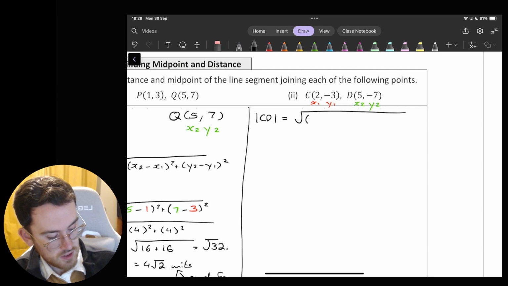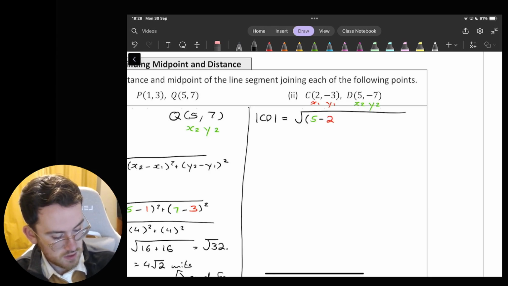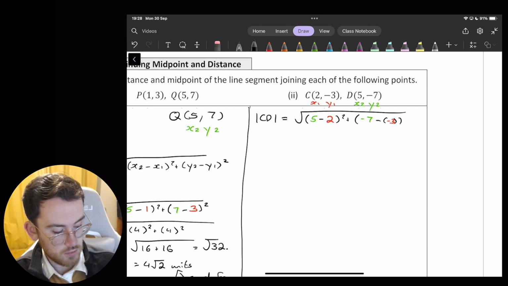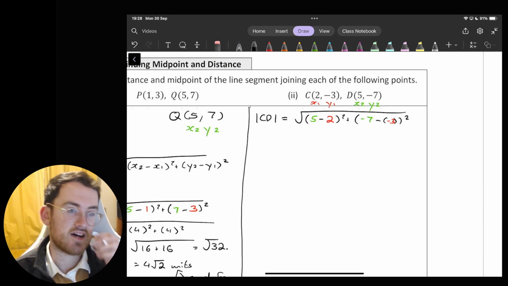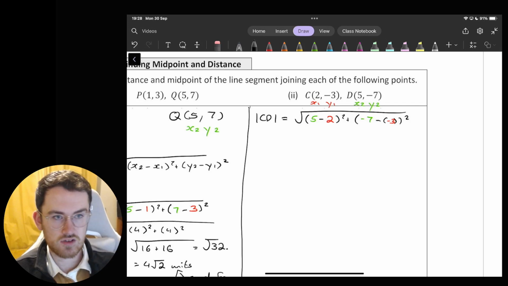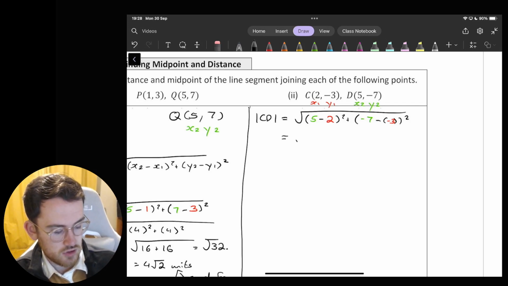So that's going to be the square root of 5 minus 2 squared, plus minus 7 minus 3. You can see here I'm using an extra bracket because I'm conscious of the signs I have going on here. I have a minus 3. I know I'm going to have to adjust that in the next step, but I'm allowing myself that extra line before I do so.